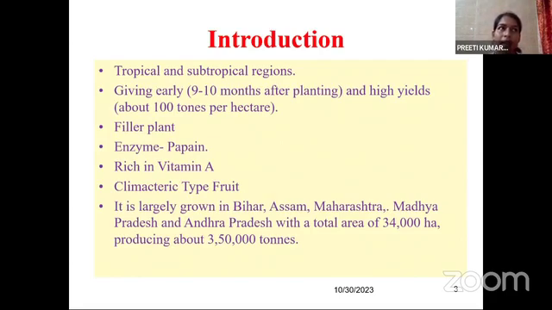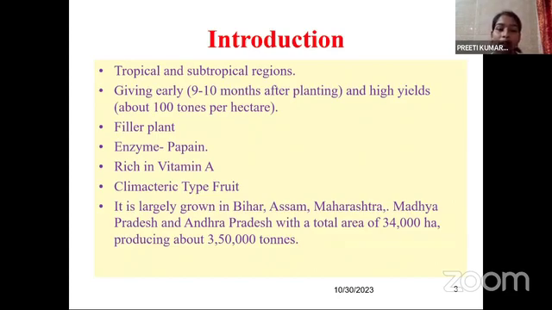If a main crop is planted and farmers want to prevent soil erosion, or the main crop is still in its growing age, we can plant papaya, and its fruits can give us economic value and some side income. So we can use it as a filler crop.